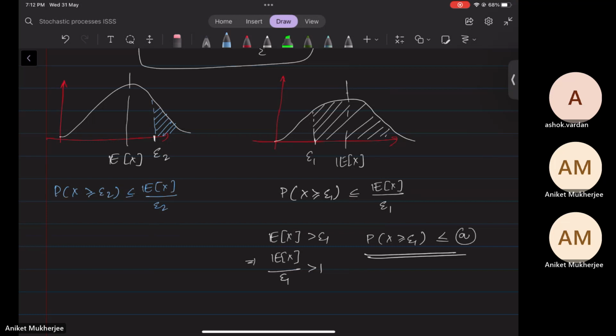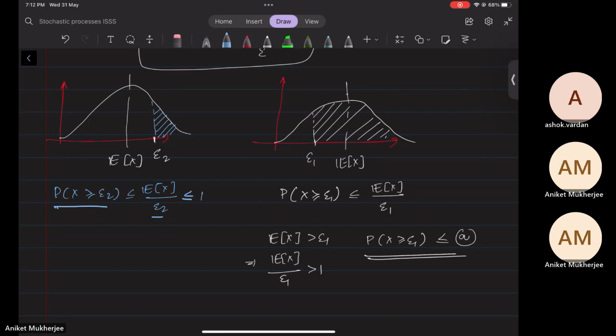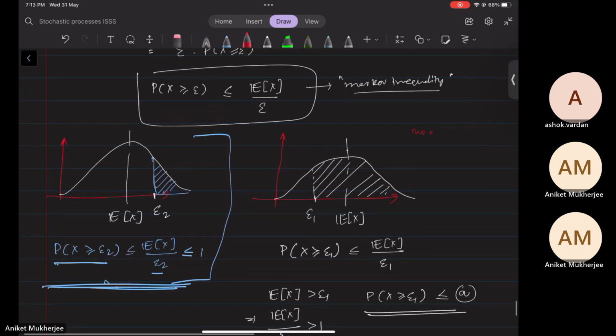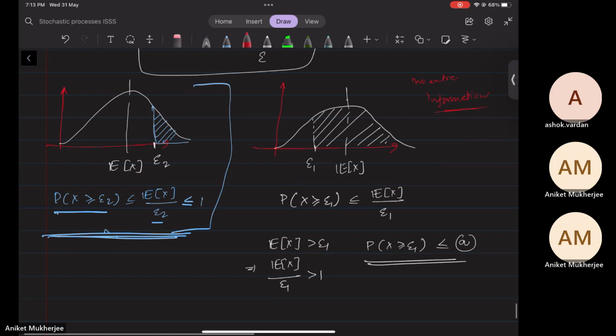Since epsilon 2 is greater than expectation of x, this is something less than or equal to 1. You get this as a number, and you can upper bound the probability. So Markov inequalities are useful in these kinds of cases, and give no extra information in the other type of cases.